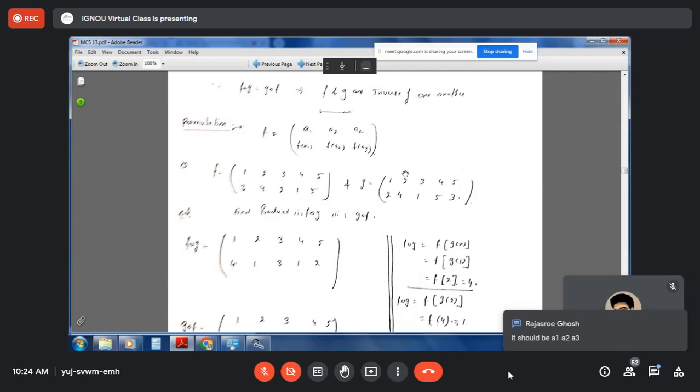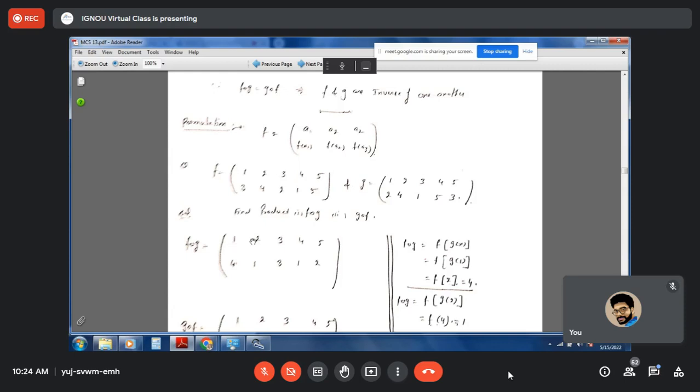1, 2, 3, 4, 5, 1, 2, 3, 4, 5. The first line is the same. What to do? You are going to find F composition G. Then from G enter into F. How? Reverse. From G come into F. Follow it.